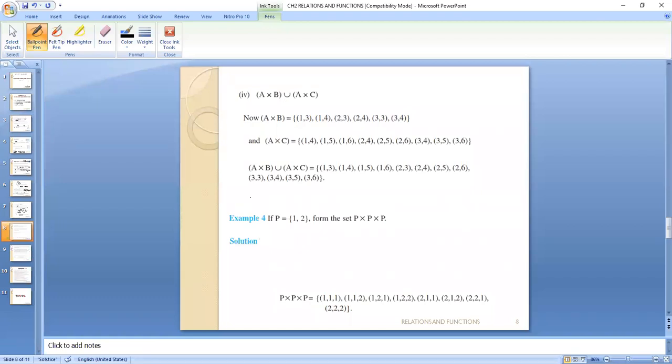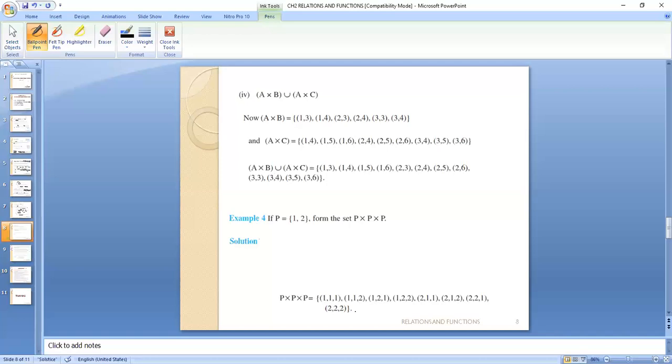Union means you write all the elements: (1, 3), (1, 4), (1, 5), (1, 6), then with 2: (2, 3), (2, 4), (2, 5), (2, 6), then (3, 3), (3, 4), (3, 5), (3, 6). All the elements which belong to A cross B and A cross C are written in one set, and that is the union of A cross B and A cross C.